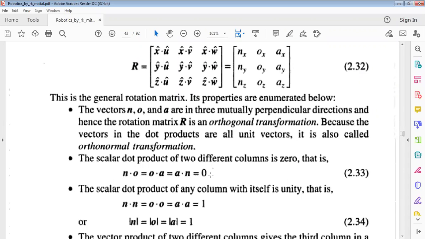Two different columns, if we multiply them, the product will become 0. The third property: the scalar dot product of any column with itself is unity. Say n multiplied with n, O multiplied with O, A multiplied with A. So the product of any column with itself is unity.